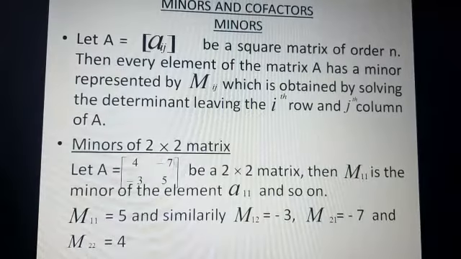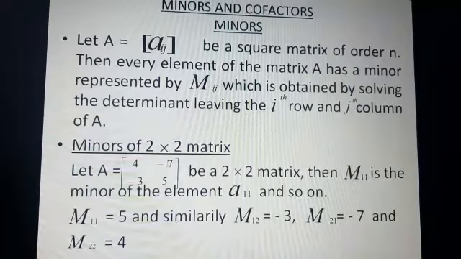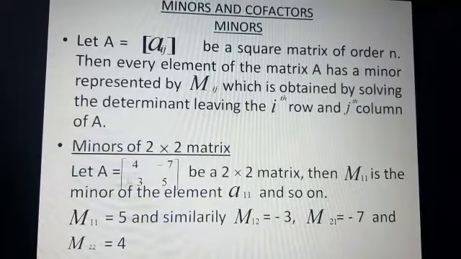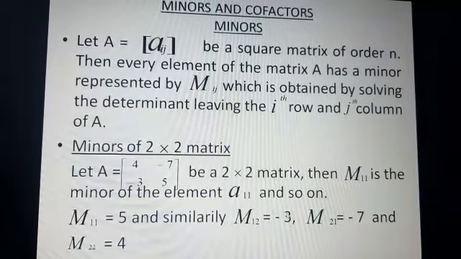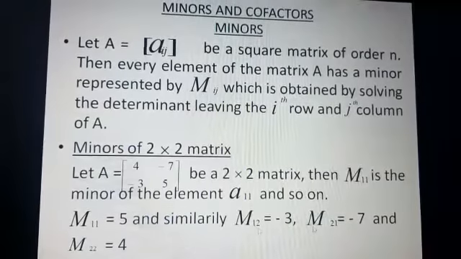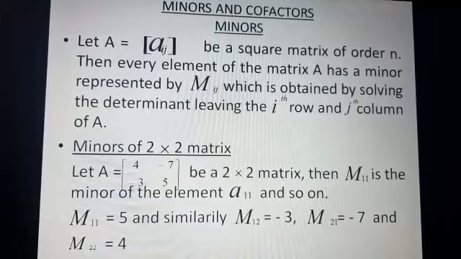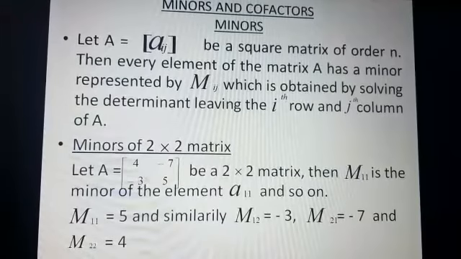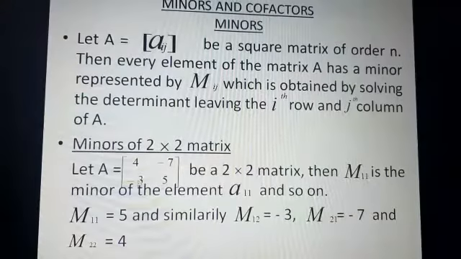The second element is A12, so its minor is represented by M12, and if I leave the first row and second column, what is left is minus 3. So minus 3 is the minor of the element A12. Similarly, M21, the minor of the element A21: leaving the second row and first column, I get minus 7.